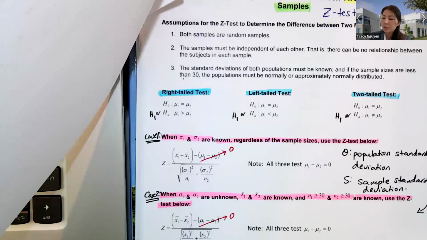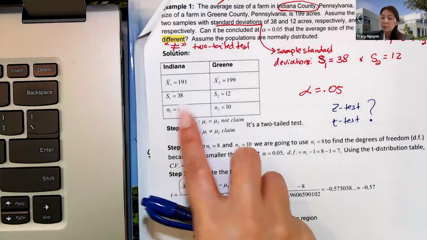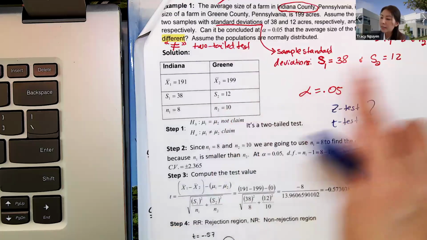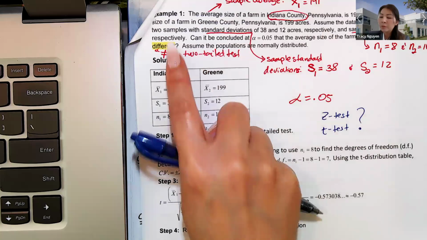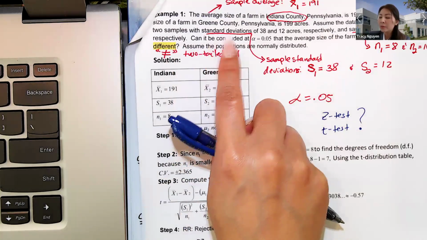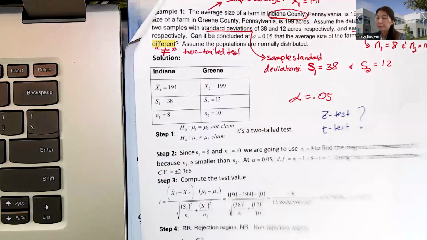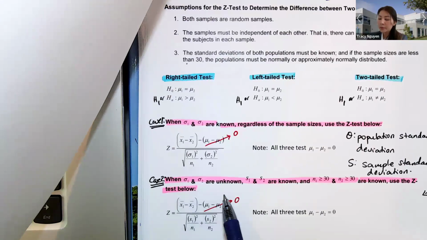Sigma 1 and sigma 2 are known. We don't have that. We only have S1 and S2, because it says assume the data were obtained from 2 samples, so we know the sample standard deviations. So case 1 does not apply. Case 2: sigma 1 and sigma 2 are unknown. That's true.